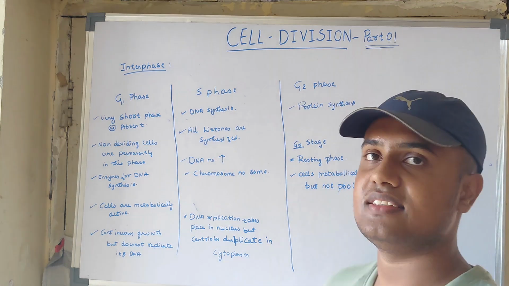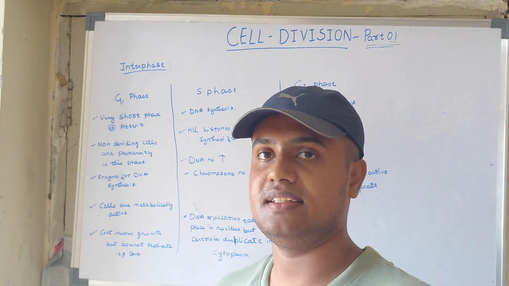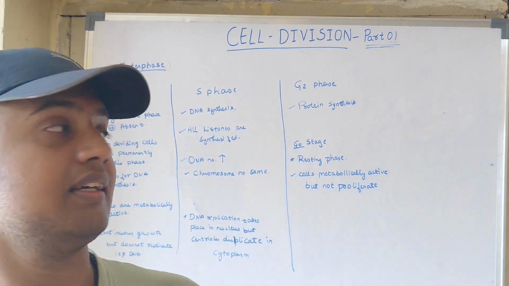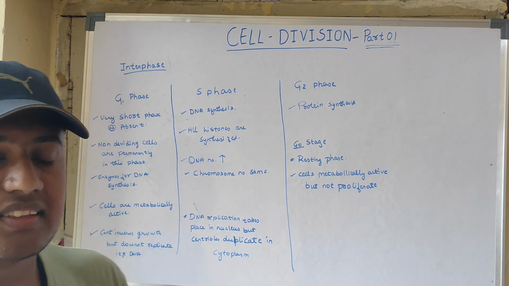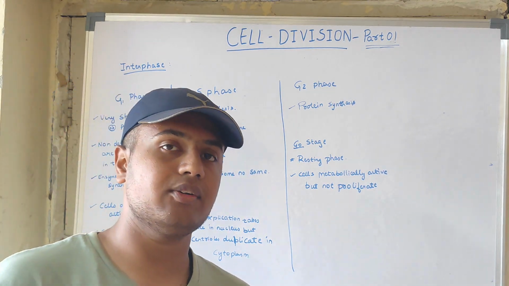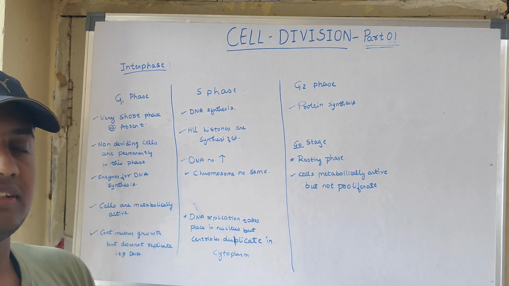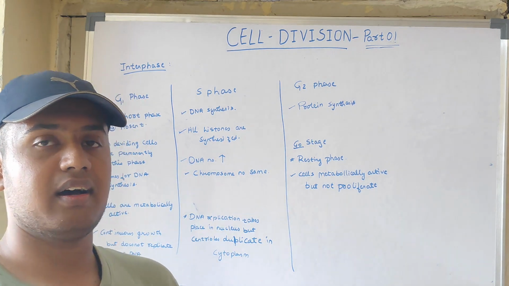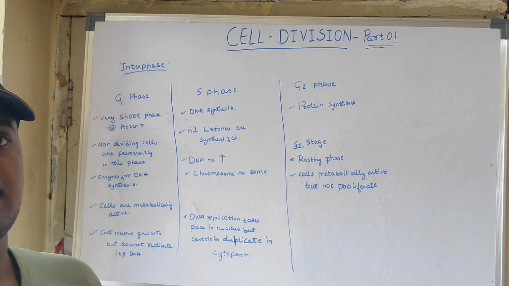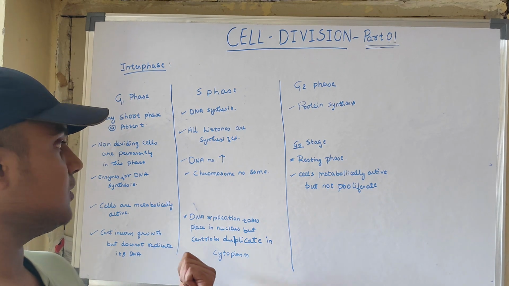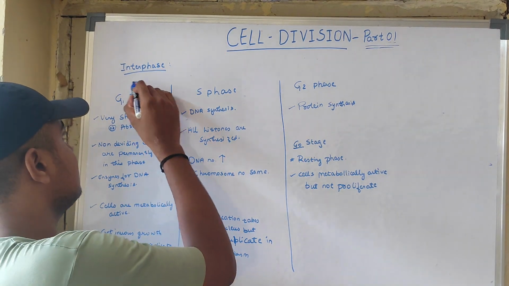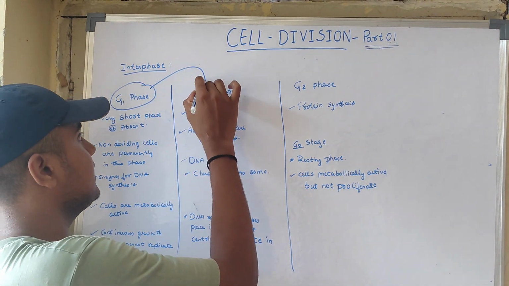Enzymes for DNA synthesis are synthesized in G1 phase. Then the cell attains continuous growth, but as I told, in this phase there is no multiplication or synthesis of cells. After this G1 phase, the cell moves to S phase.